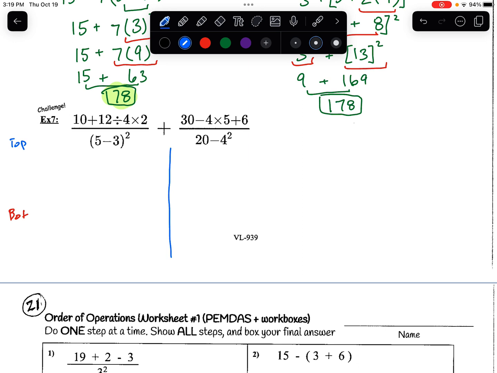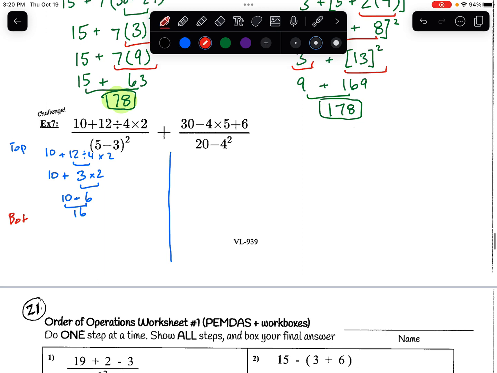So the top says 10 plus 12 divided by 4 times 2. PEMDAS, we're going to do the 12 divided by 4 first, which gets us 3. That's 3 times 2. And then I'm going to multiply before I add. That's 6 plus 10, and that gets us 16.